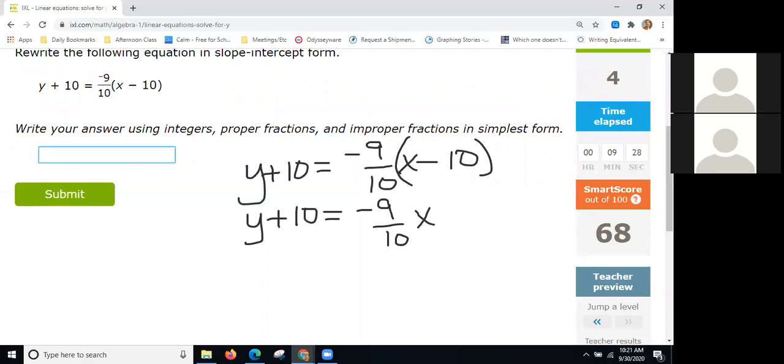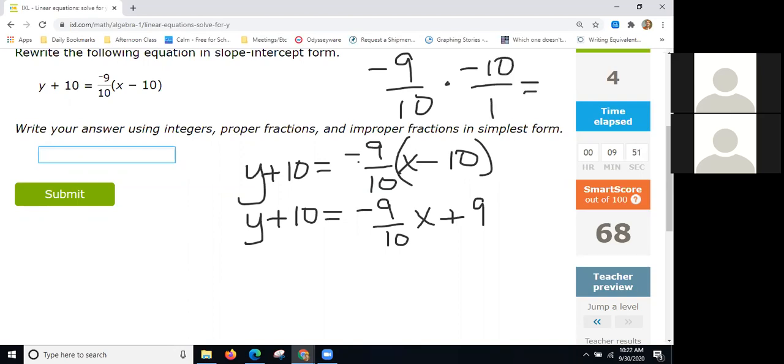Then -9/10 times -10. So that's like saying 9 times 10, but then divide by 10. So that becomes 9, and the two negatives make that positive. So this is like saying -9/10 times -10 over 1.